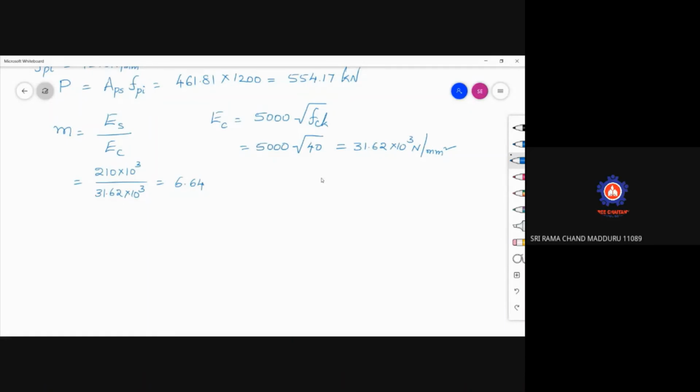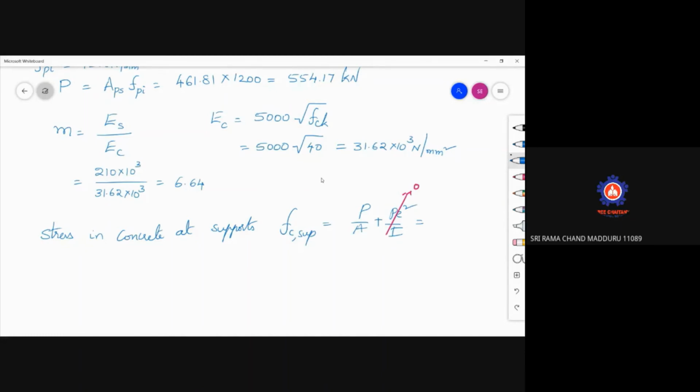So stress in concrete at supports, FC support is equal to P by A plus PE square by I, where your eccentricity E is 0, so this term will become 0, and you will take only P by A.